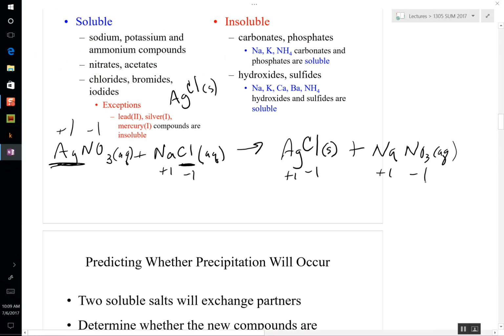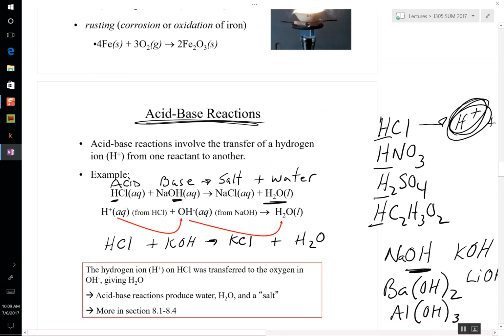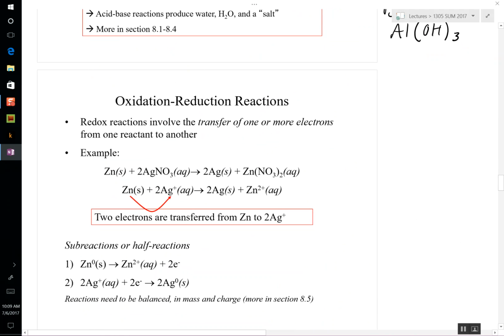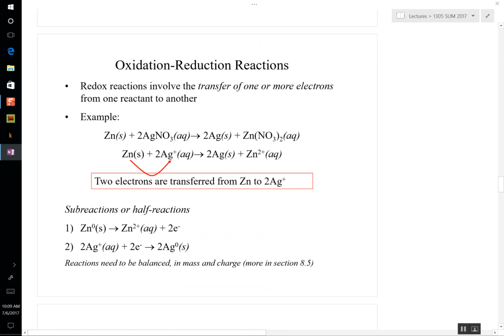The nitrate doesn't change its charge. Silver doesn't change its charge. All right, why am I pointing that out? Because when you go to oxidation reduction reactions, things change their charge. Charges change.